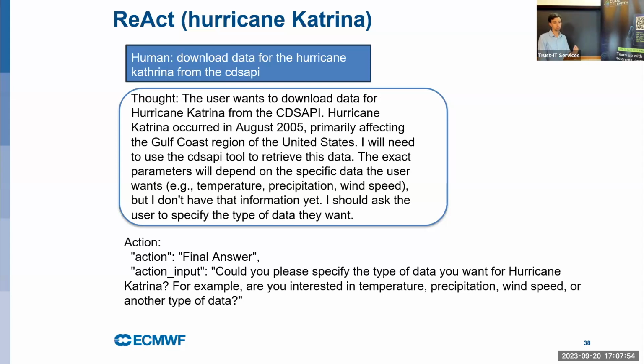Hurricane Katrina occurred in August 2005, so it probably already knows that because it's a famous event and it was probably trained on data that contains that. It knows the region where it happened. Then it says, I will need to use the CDS API tool to retrieve this data, which was one of the tools that we supplied. The exact parameters will depend on the specific data the user wants, so I should ask the user to specify the type of data they want. And indeed, we have seen that it asked us what type of data we want.